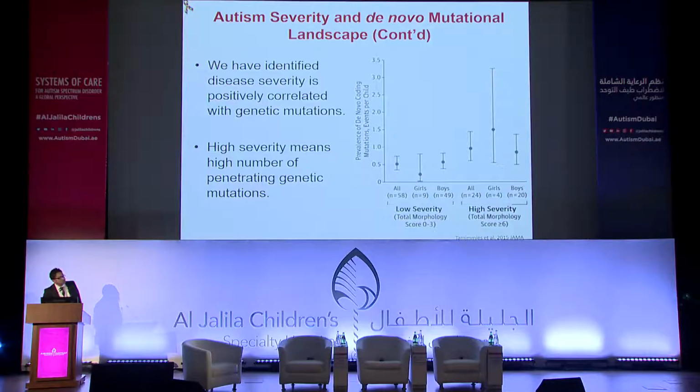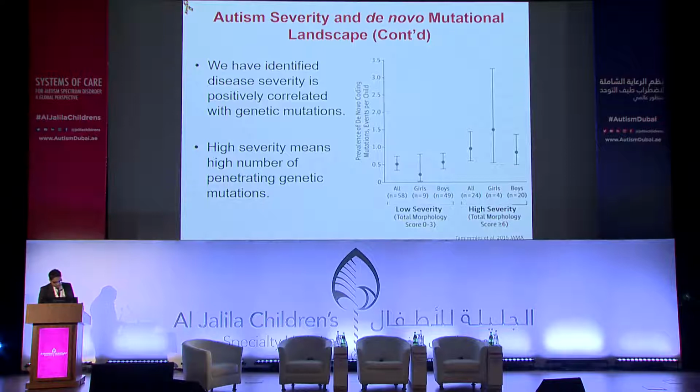What we find is that with low morphological severity, the de novo mutation count is low, but high severity in morphology has a high number of pathogenic de novo mutations. The y-axis is the number of de novo protein-coding mutations. This shows that if you have morphological cases, sequencing or doing genetic tests may be a very good idea.